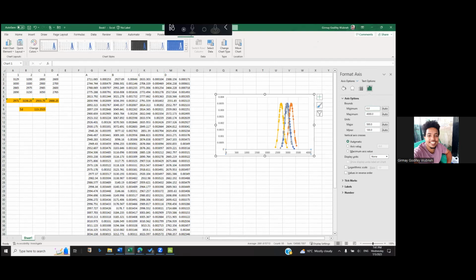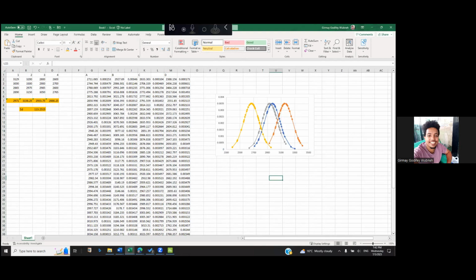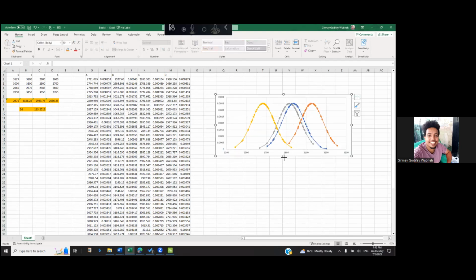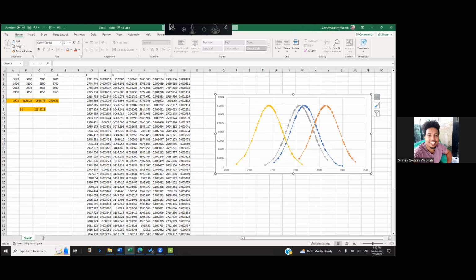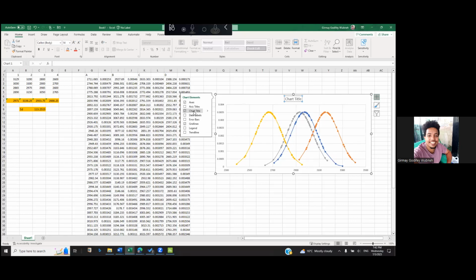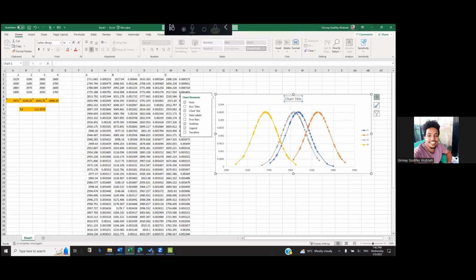Minimum 0, yeah, instead of 0, let's start from 2,700 maybe. Don't add chart title.